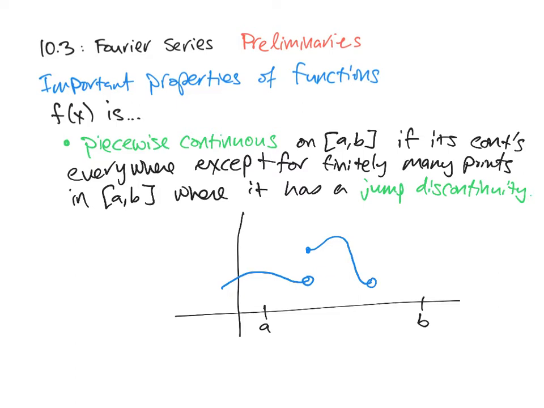What's happening at that particular point could be all over the place. Doesn't really matter. So that's what piecewise continuous means: you can at least find pieces where it's going to be continuous.